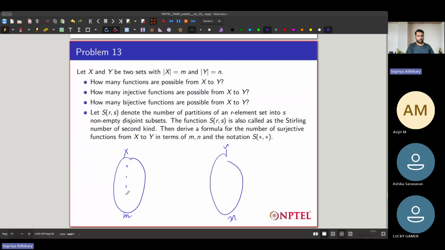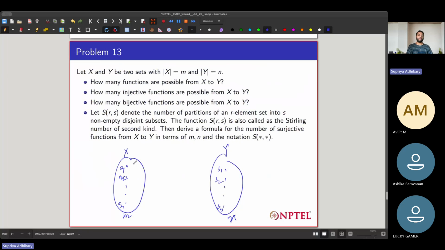a1 up to am, and over here we have b1 up to bn. Now each of these a1 can go to any of these n many elements.